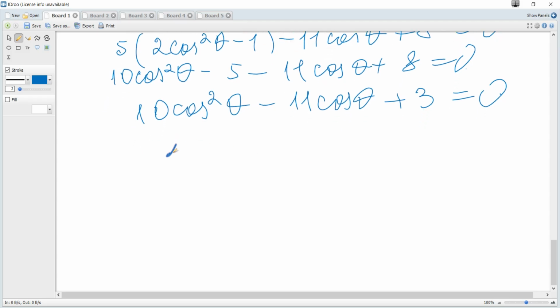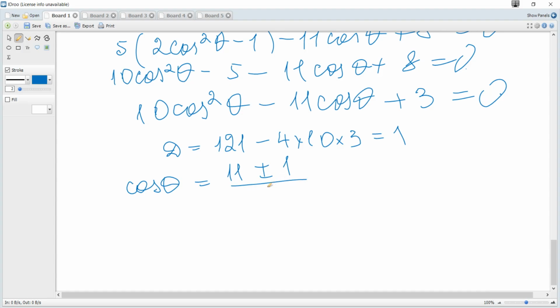and the discriminant is b squared, 121, minus 4ac. It's what? It's just 1, and solutions are cosine is minus b plus minus root of d over 2a. So when minus, it's what?